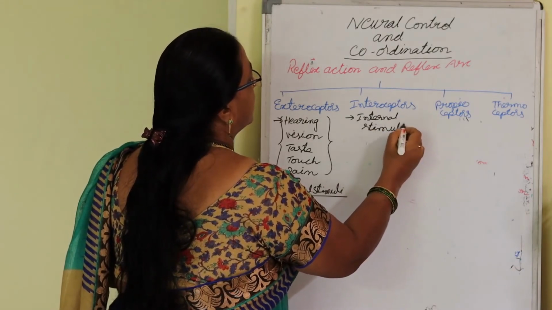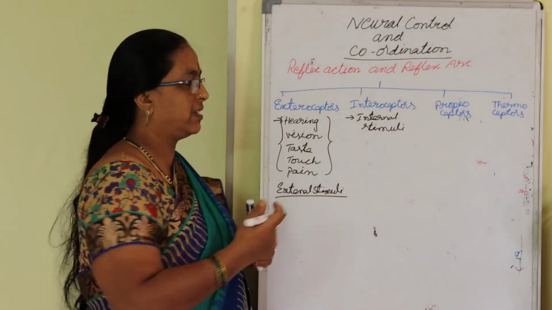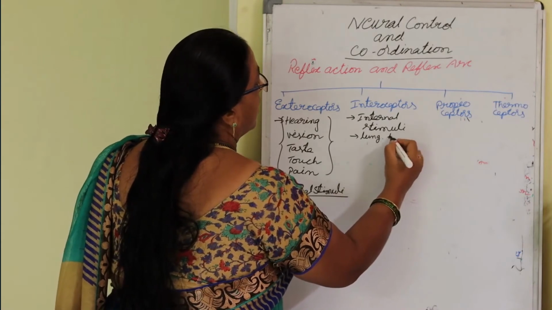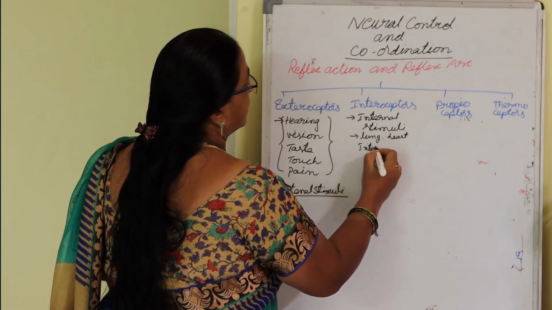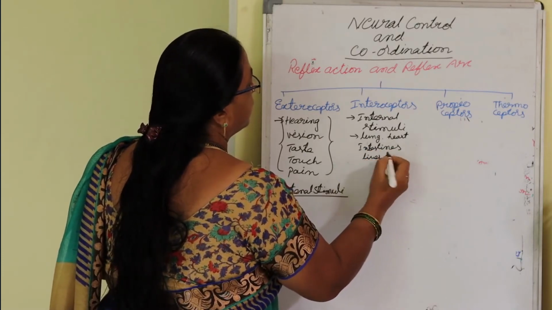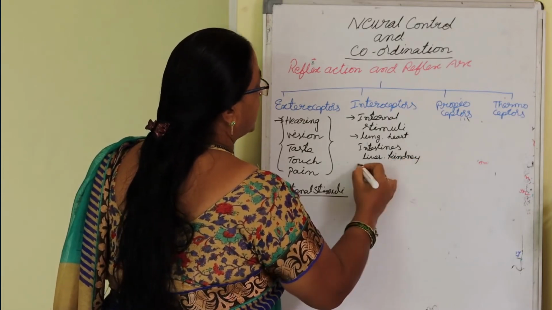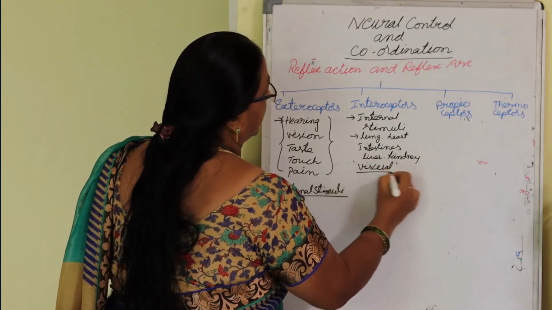And interoceptors are for internal stimuli. So what are the internal parts? We know the abdominal cavity and the thoracic cavity: lung, heart, intestines, liver, kidney, like visceral organs, which give stimuli.